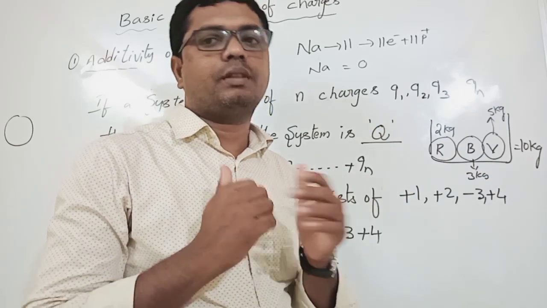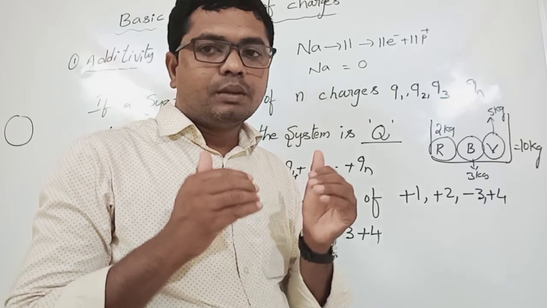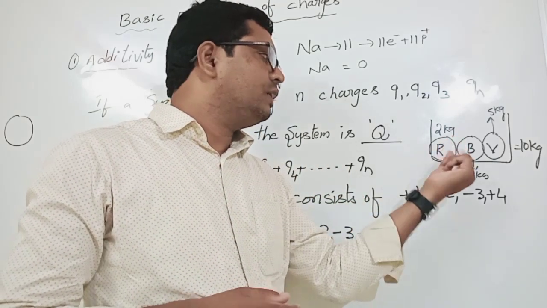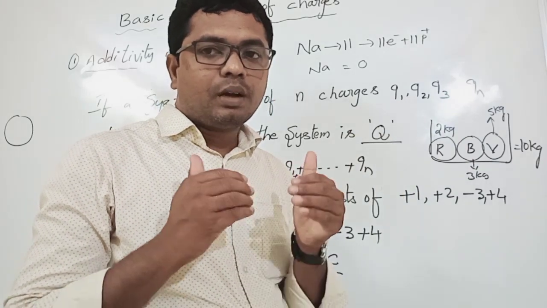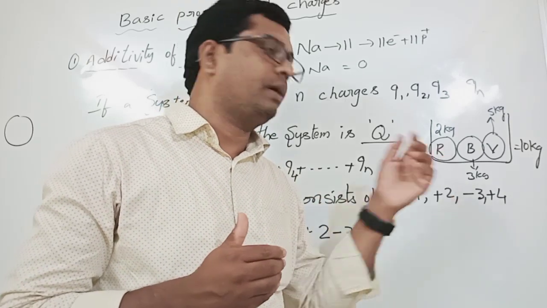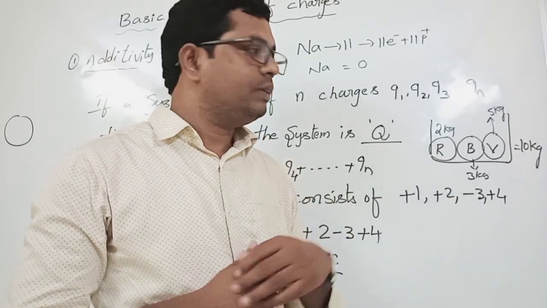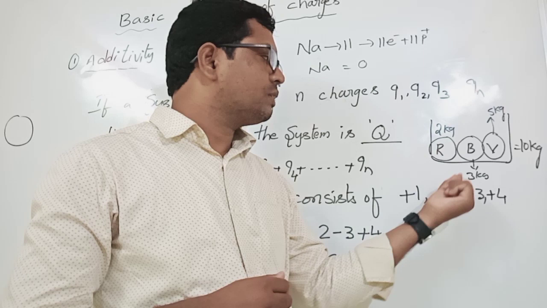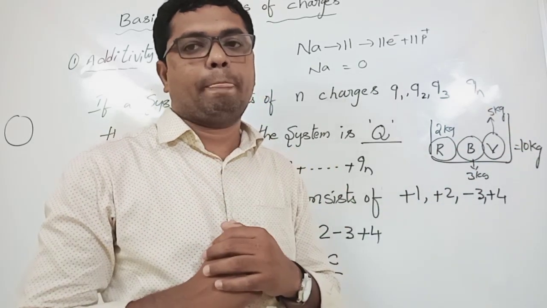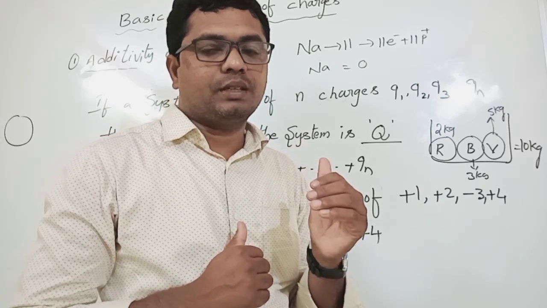What is the mass of the bag? The bag is a system consisting of 3 different spheres. The mass of all the spheres is nothing but the mass of the bag. That means 2 plus 3 plus 5 is equal to 10 kg, correct?